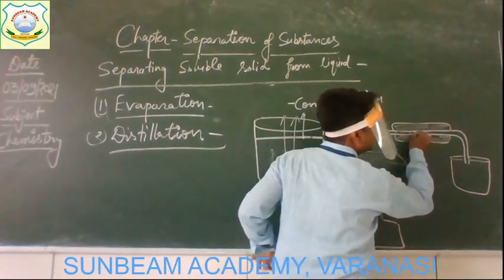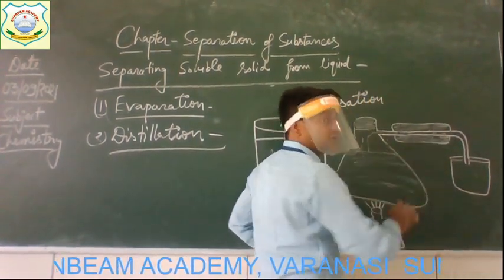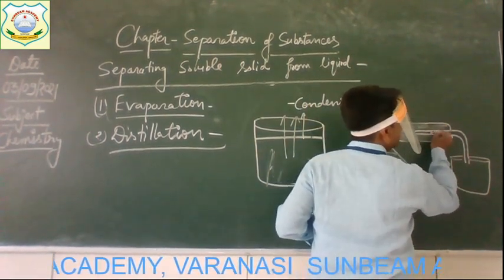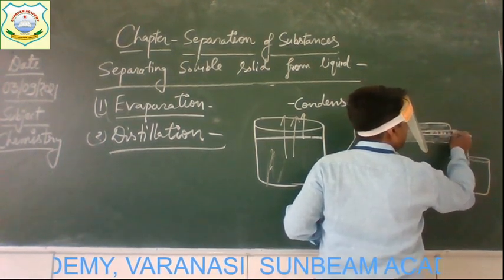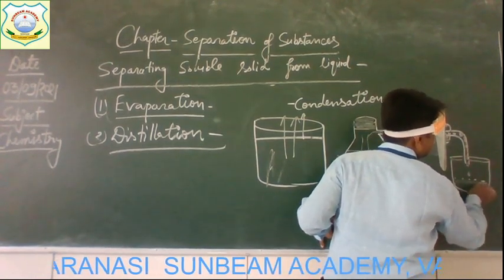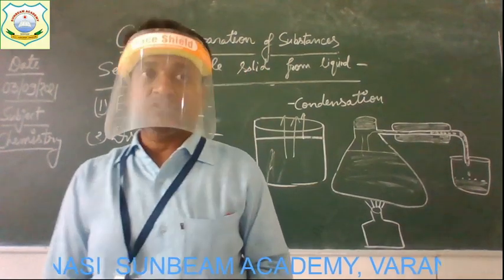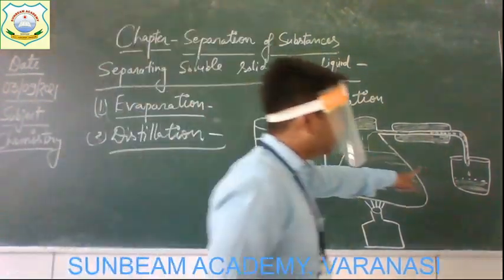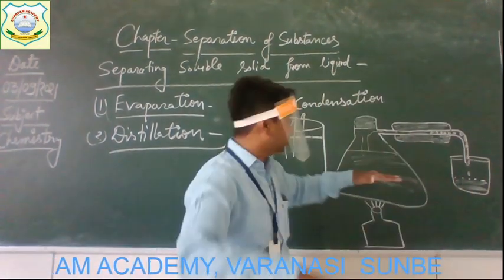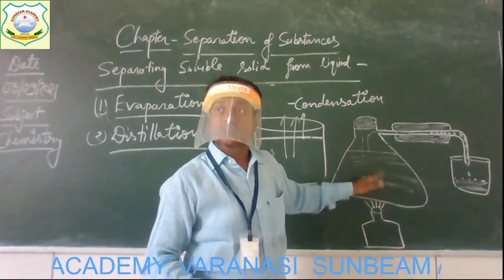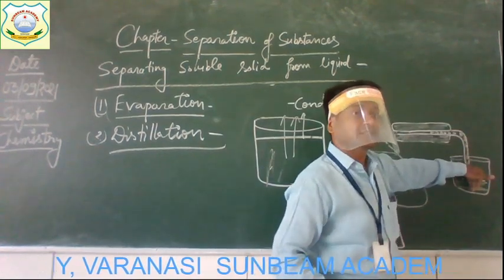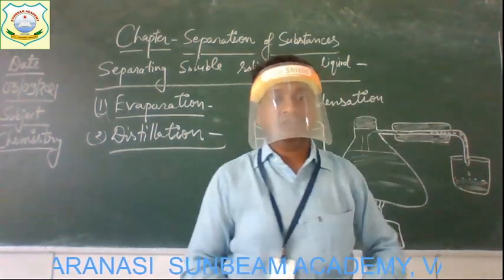As the vapors move here, the cold water cools them, and the vapors form water droplets, which get collected here. Understood this diagram? The water collected here is distilled water. This is pure water, because all the impurities remain here in the flask. Only the vapors move, cool and condense again. So this water is pure and distilled.